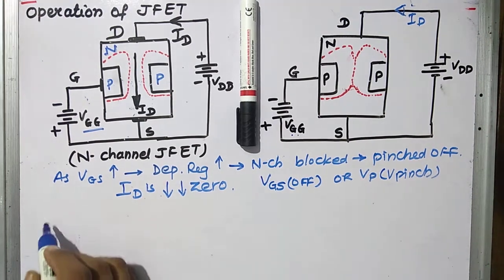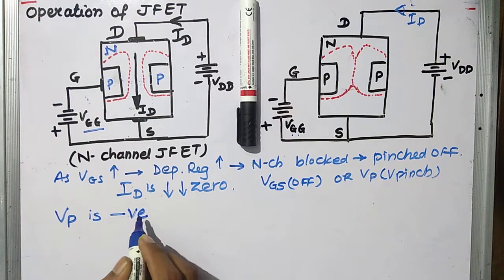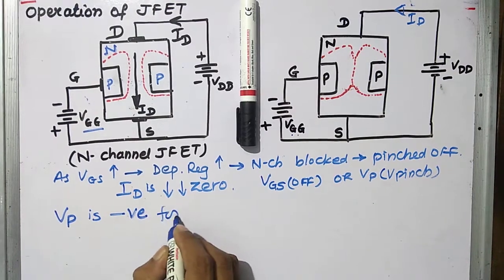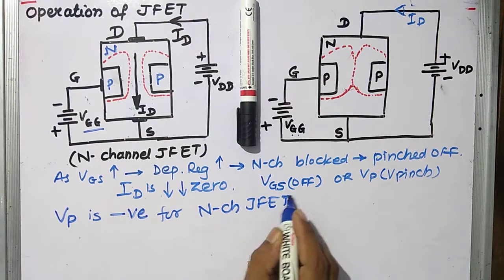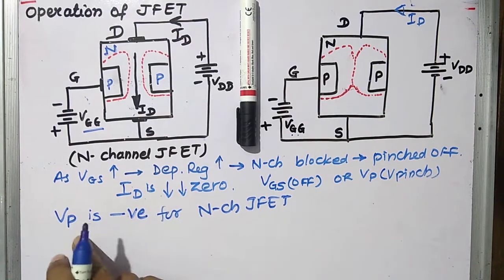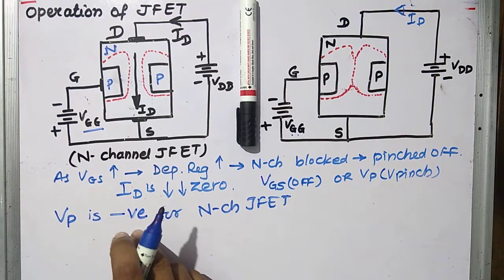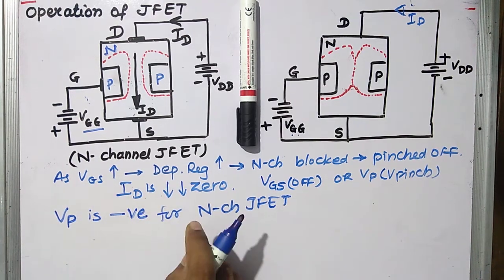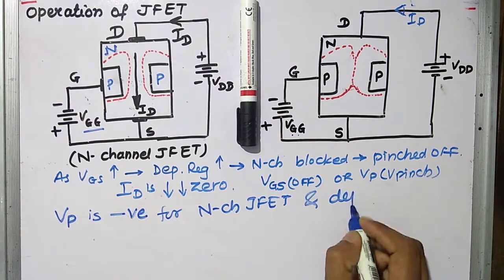Now the value of VP or V pinch is negative for N channel JFET. The value of VP or V pinch or VGS off is negative for N channel JFET, and it depends on two factors.